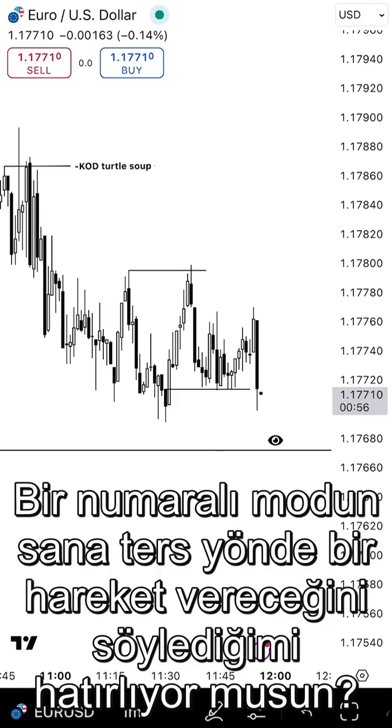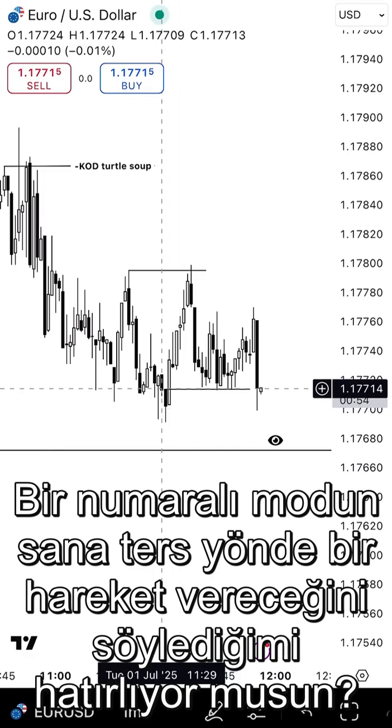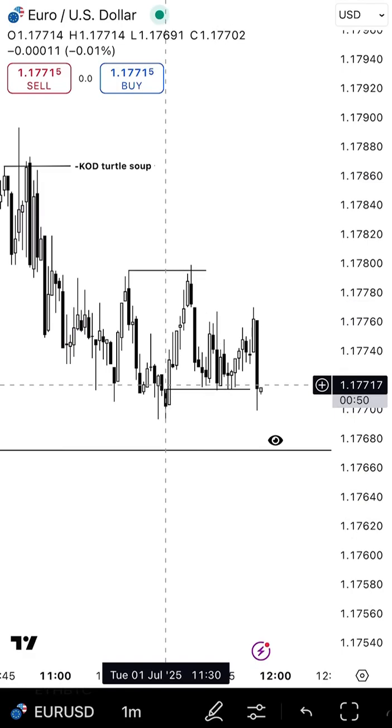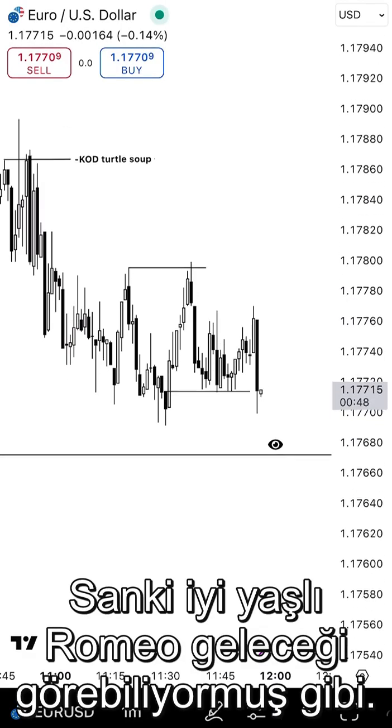Now, remember what I said about the model number 1 being a counter-trend move? It's almost like good old Romeo could see the future.